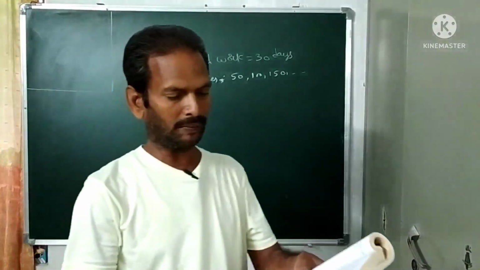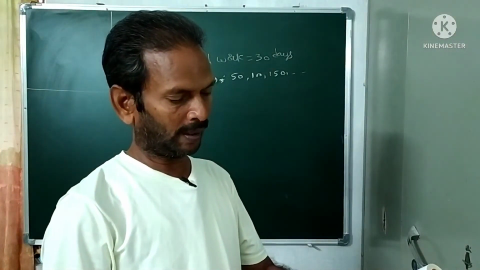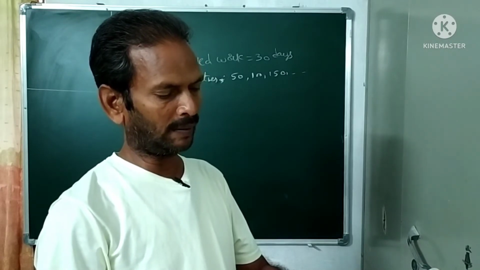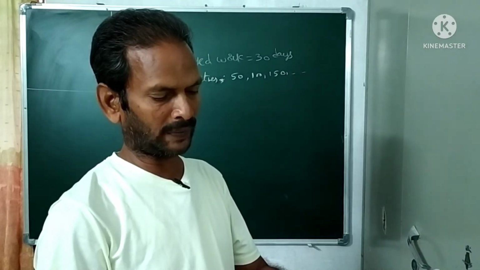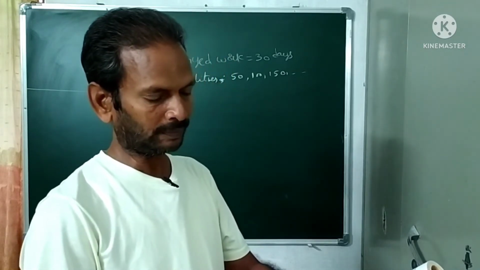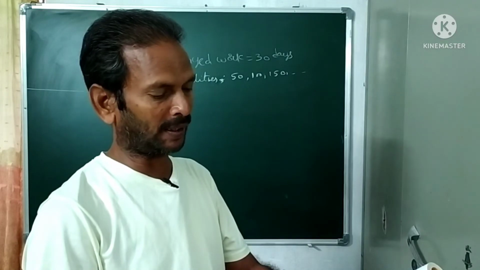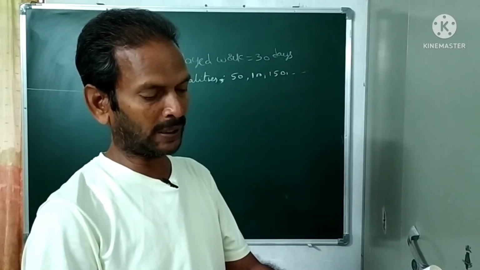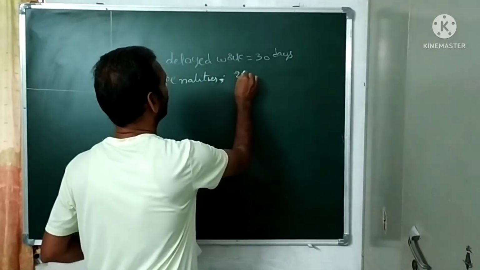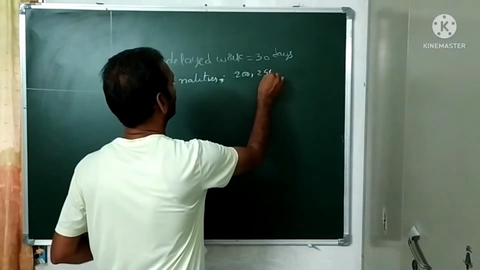Again the same question. A contractor on a construction job specified a penalty for the delay of completion beyond a certain date as follows: rupees 200 for the first day. So first day what? Not 50, 200. Next day 250.